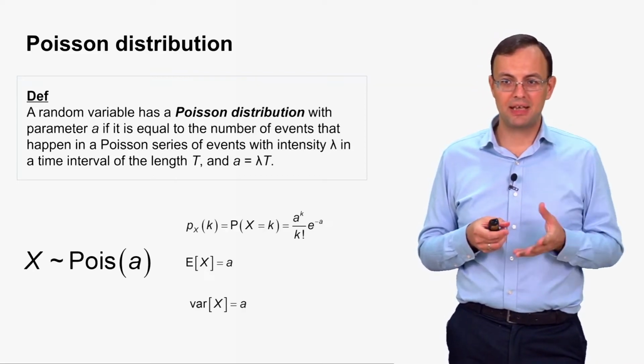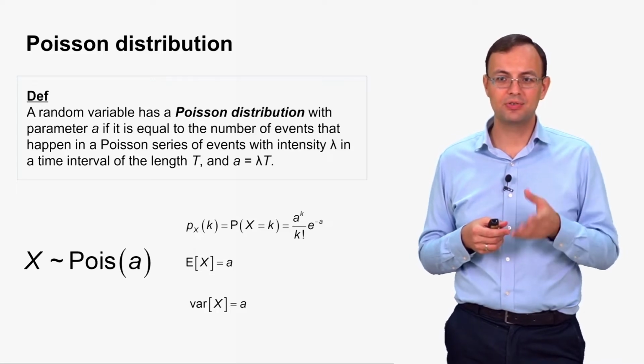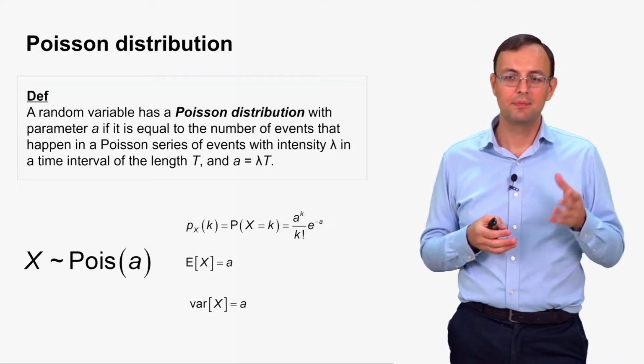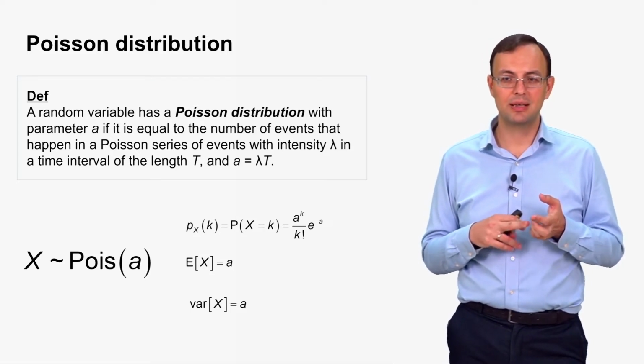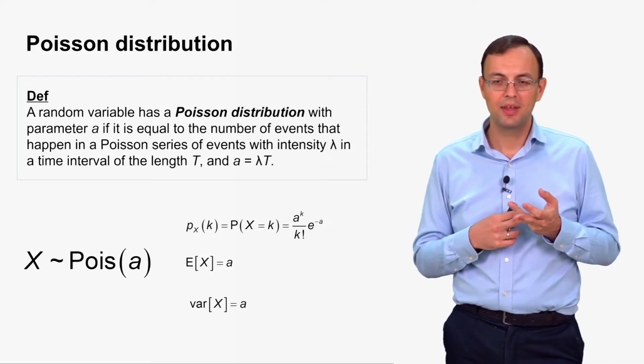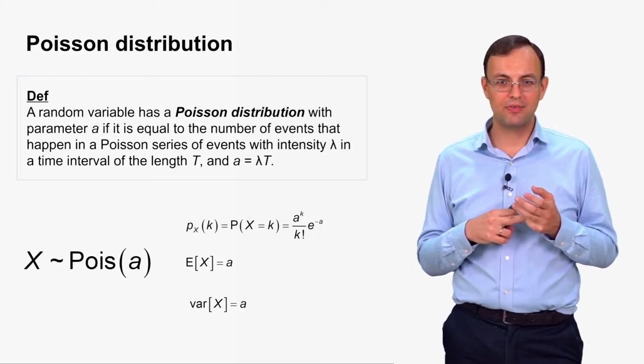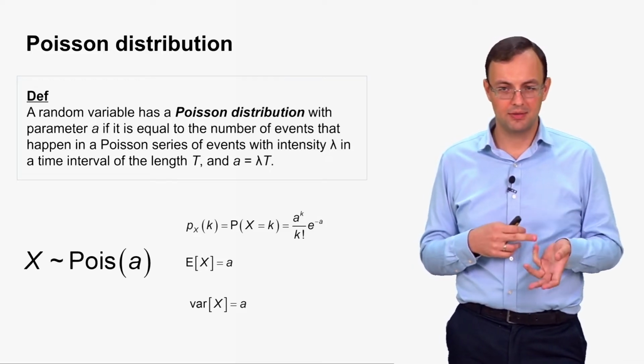The PMF, so probability to take a particular value k, is equal to a to the power k divided by k factorial times e to the power of minus a, and both expected value and variance are equal just to a in this case. Let's solve an example. There is a town, and probability that no one in this town will call emergency service during 1 hour is equal to 0.05.